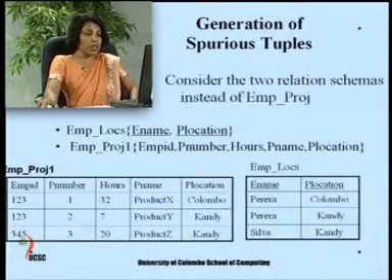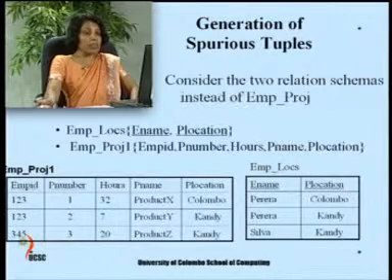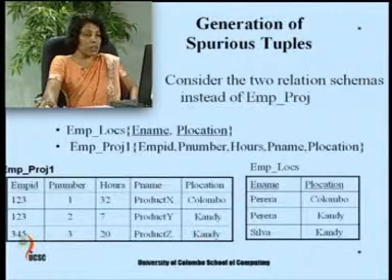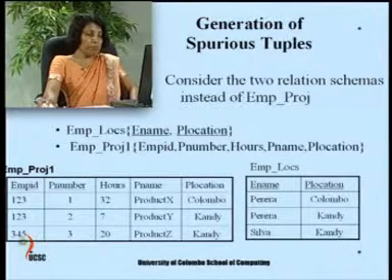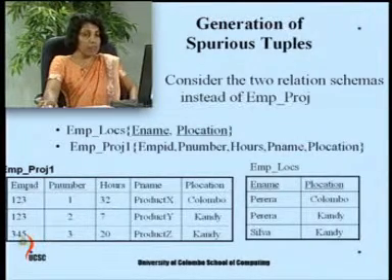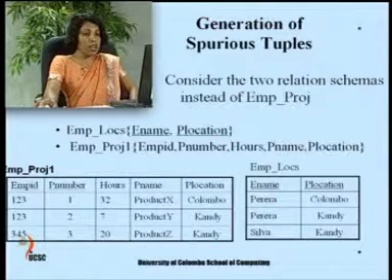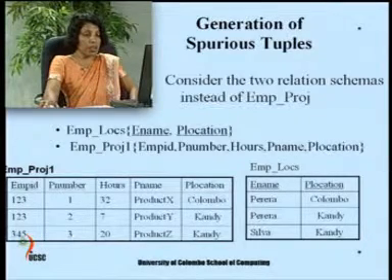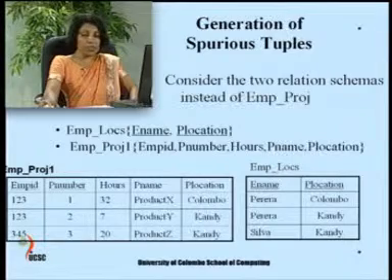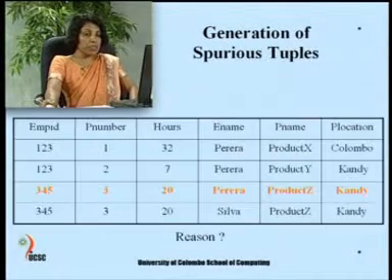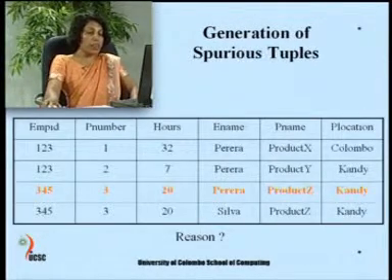So, the Colombo record will get joined with the Colombo record in the employee location relation, and the Kandy records would get joined with the Kandy records in the employee location relation. When we do that process, this is what we get.